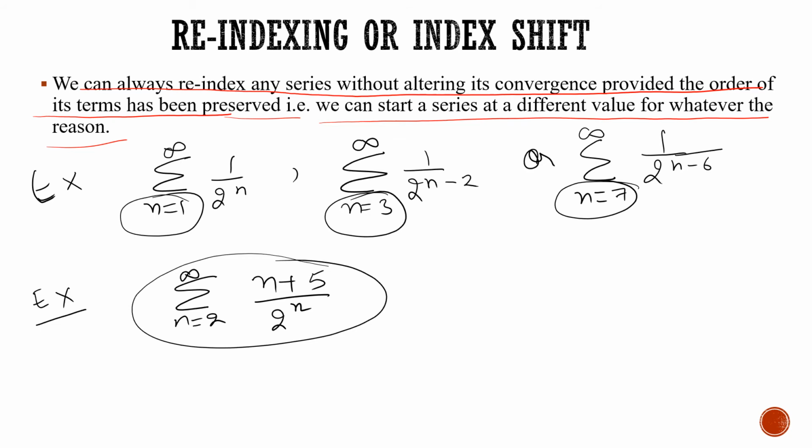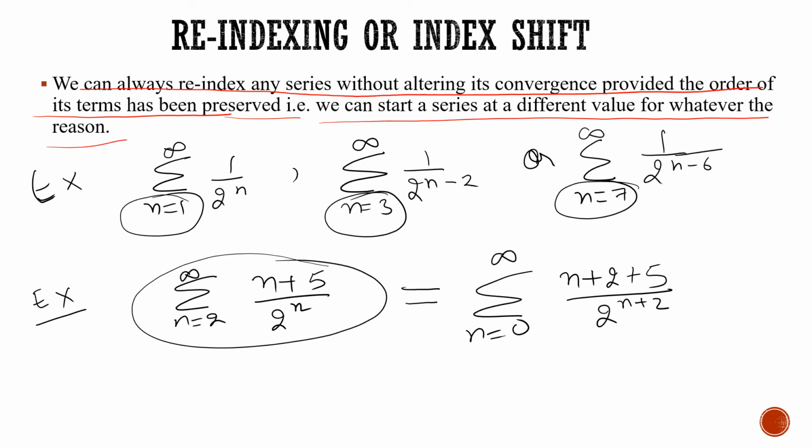I want to start it with 0, so what I have to do is add this, n plus 2. Now please check that you are getting the same series that I am getting right now, 2n plus 1.